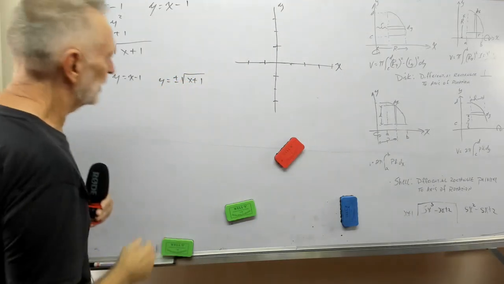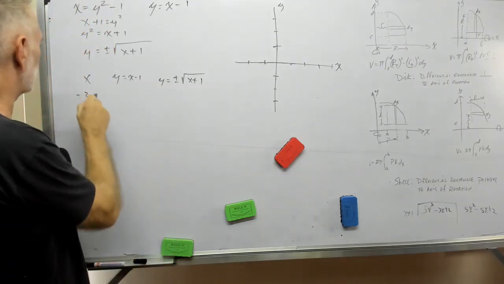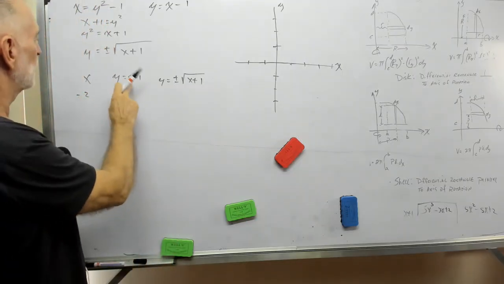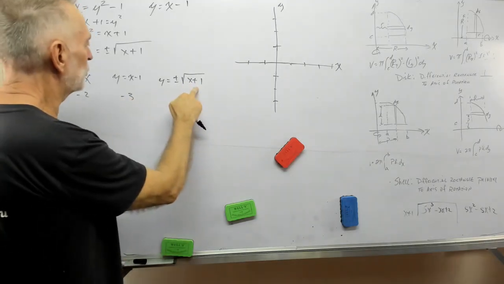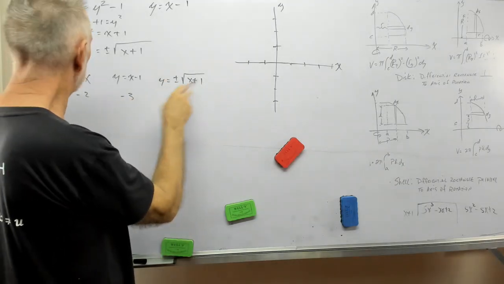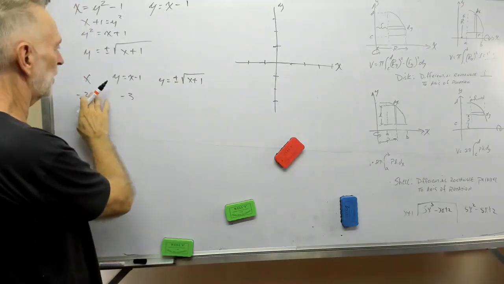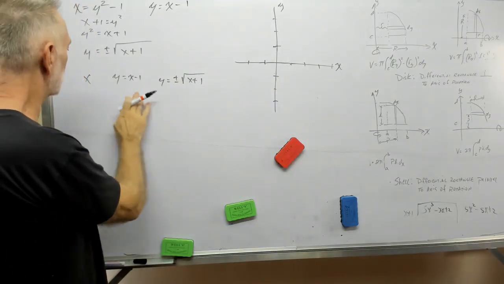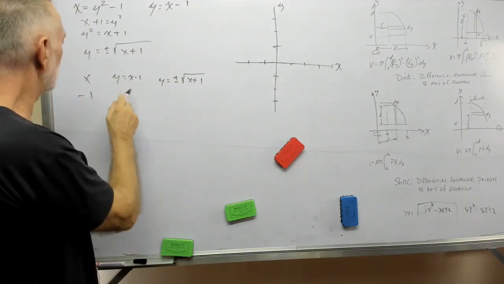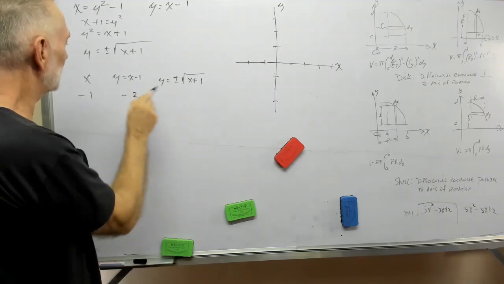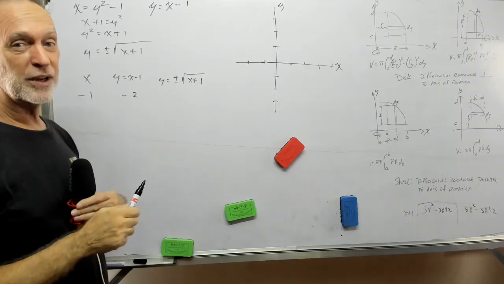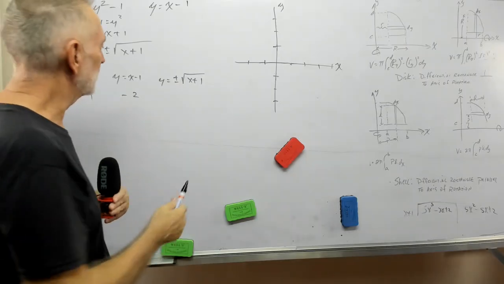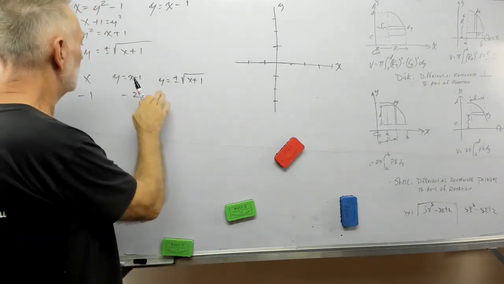Let x equal negative 2. Negative 2 minus 1 is negative 3. Negative 2 plus 1 is a bad one because I have a complex number here, so let's not go with that one. Let's go with negative 1. Negative 1 minus 1 is negative 2. Later in calculus you'll keep going with complex numbers, but not now.